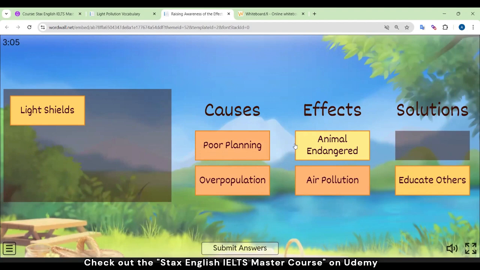So if someone puts very bright white lights in a place where there are animals, for example, in a park or near some woods, near the forest, what we can end up with is animals that don't sleep properly, animals that don't migrate properly, animals that don't feed properly, animals that don't reproduce properly. And consequently, their numbers dwindle and the animals become endangered.